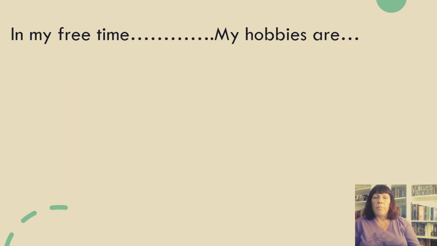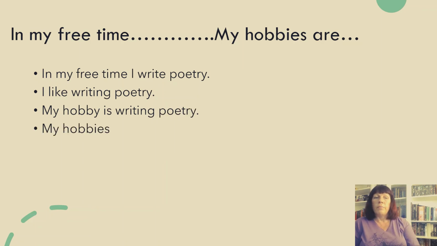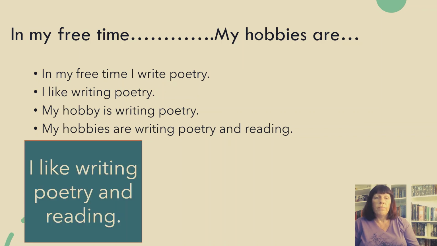So in my free time, my hobbies are, I might say, in my free time, I write poetry. I like writing poetry. My hobby is writing poetry. My hobbies are writing poetry and reading. Any of those sentences that you say are correct, so you can just choose. I would say, I like writing poetry and reading.